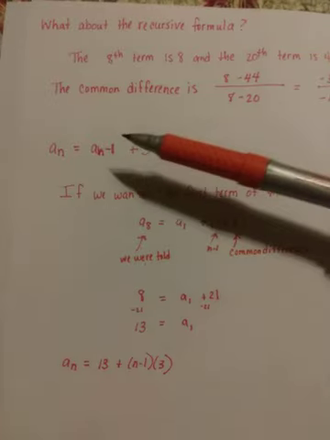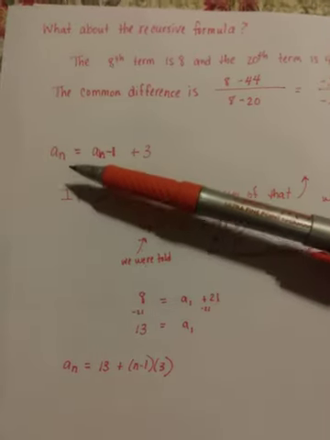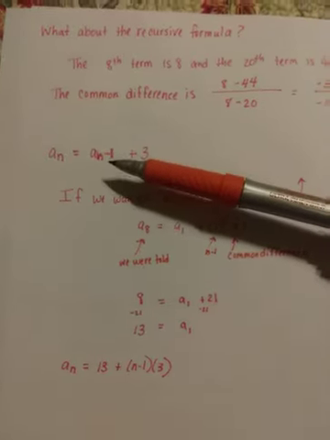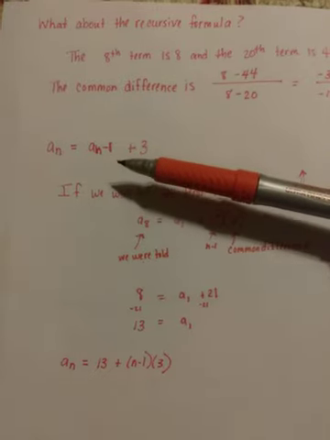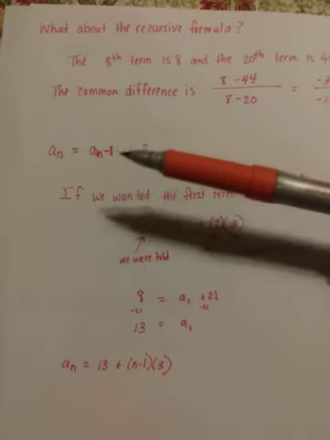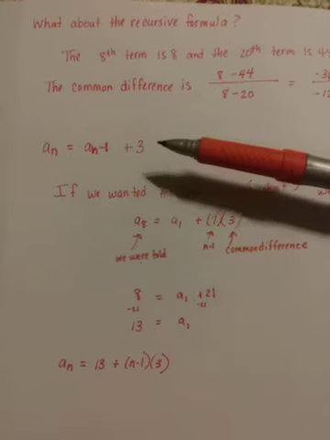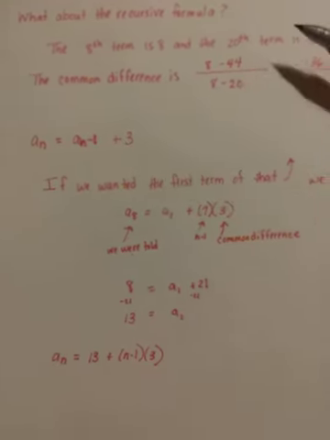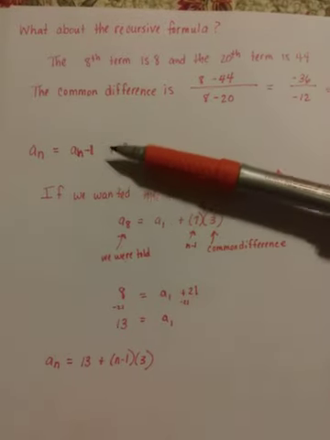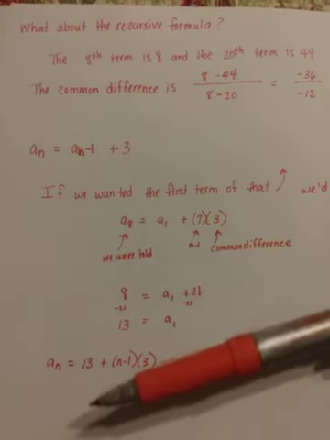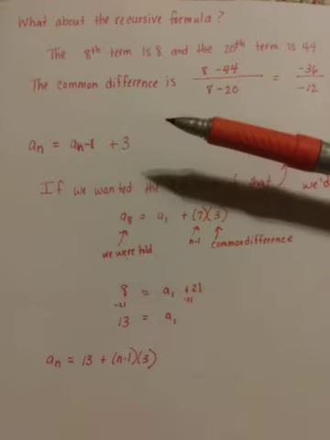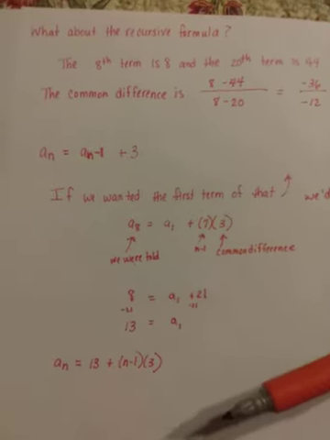With the recursive version, in order to find the 10th term, I have to know the 9th term. And in order to find the 9th term, I have to know the 8th term. And in order to find the 8th term, I have to find the 7th one. So you have to find them all, making this one a little less useful, but a little easier to find because it only requires the common difference and doesn't require the first term. Easier to find, harder to use.